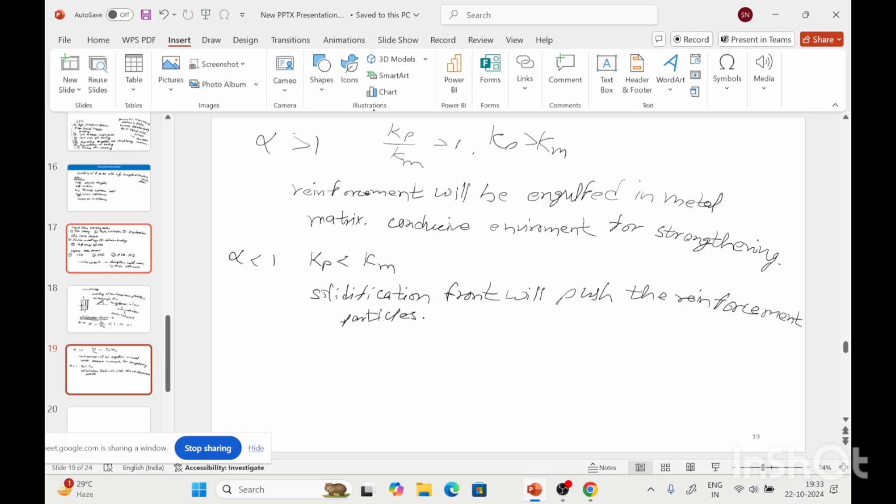The interaction between the metal matrix and these reinforcement particles will be less, and that leads to clustering or segregation along the interdendritic region. This will lead to less strengthening.